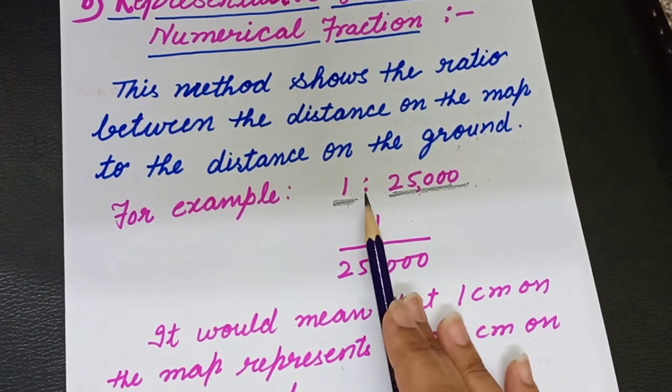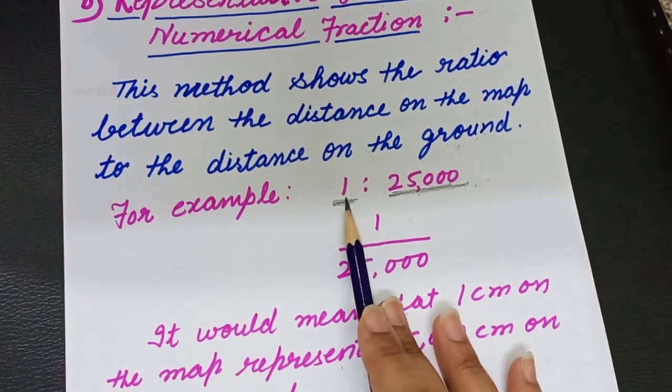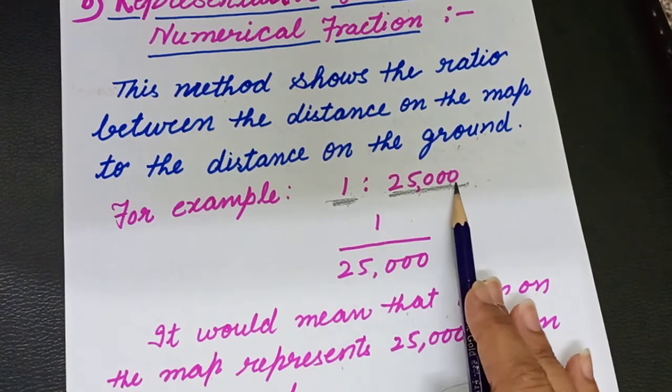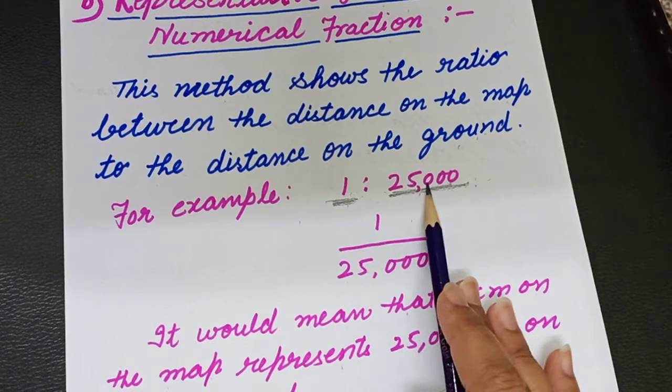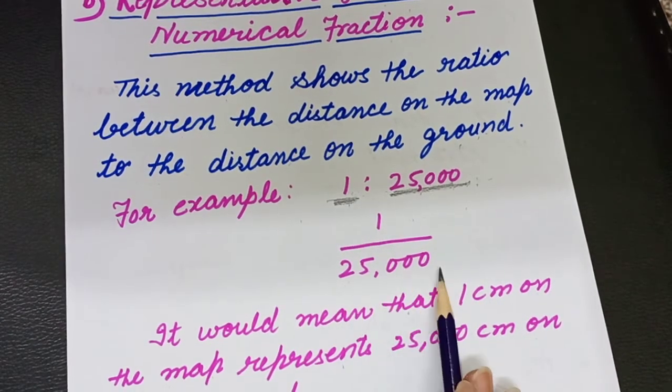So we can read it in any of the unit which is accepted by the country. So like 1 centimeter shows 25,000 centimeters. That means 1 centimeter on the map represents 25,000 centimeter on the ground. It can be written as 1 upon 25,000.